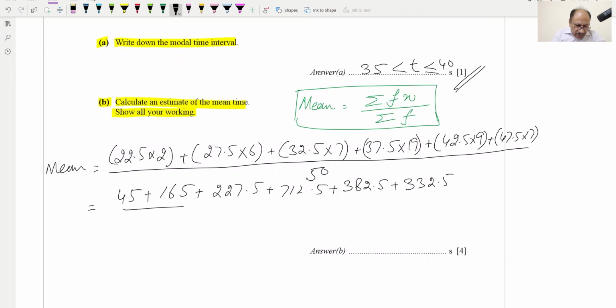So we multiplied them individually, and this is divided by this.